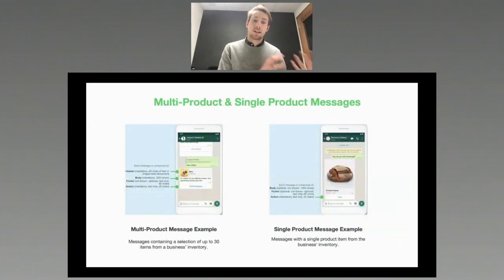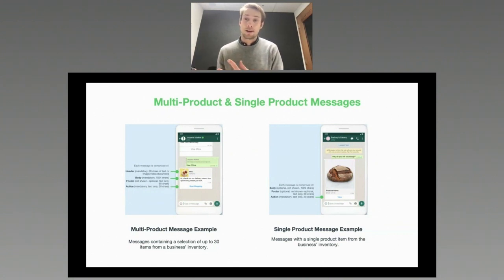Here you have on the left a multi-product message, and on the right a single product message. The difference between the two is that a multi-product message, or MPM, will allow a business to send a subset of up to 30 product items from their inventory to a user, for the user to browse that selection of items, add them to a cart, and send it back to the business.